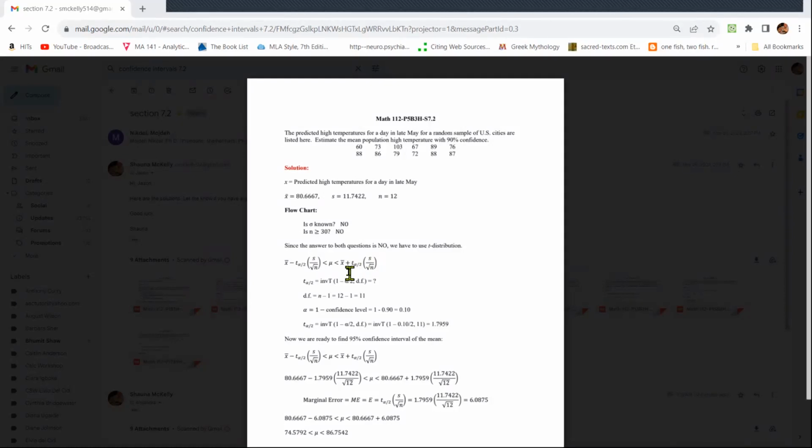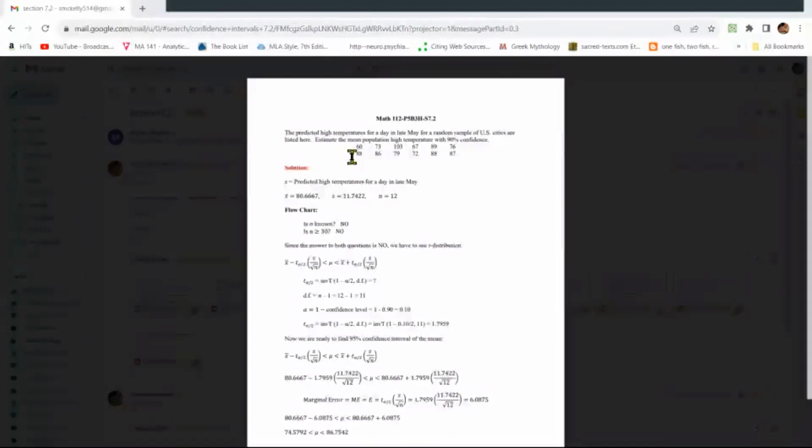Quick question. How do we know that N is not greater than 30, because we have the N from the calculator? Right, but also, what does N represent? Sample size. So in this case, when they don't give it to you in the problem, how do you figure out what the sample size is? You count them.